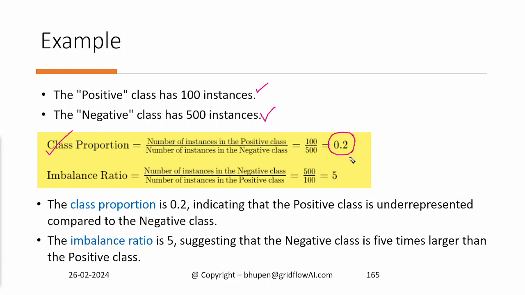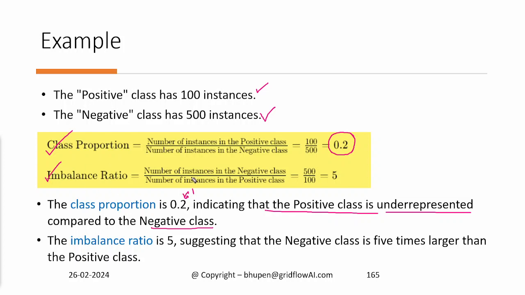This means the positive class is underrepresented compared to the negative class. A value close to 1 would be ideal, but practically that's not going to be the case. Even 0.7 or 0.8 would be good.